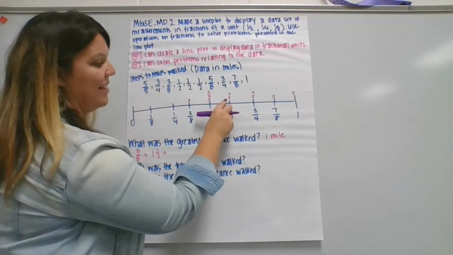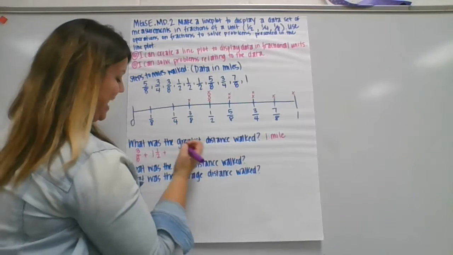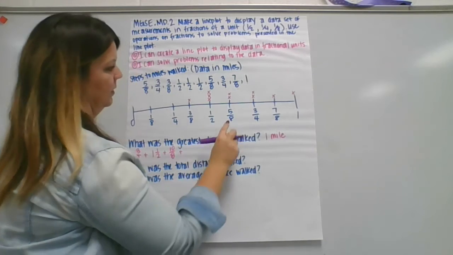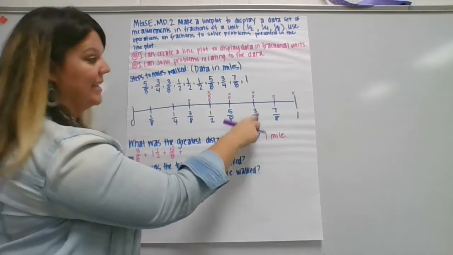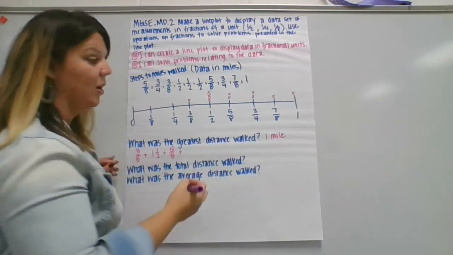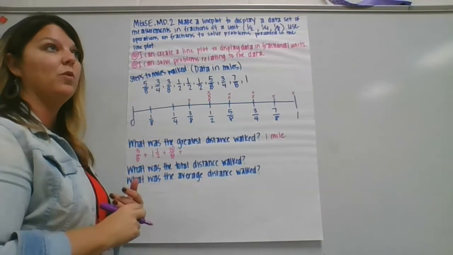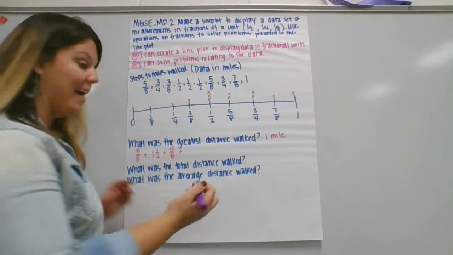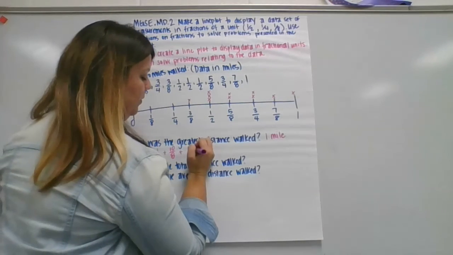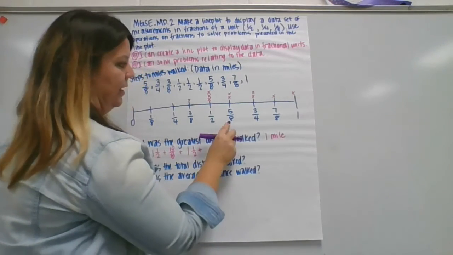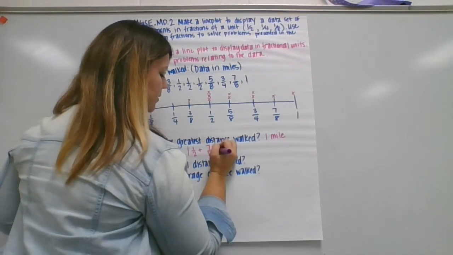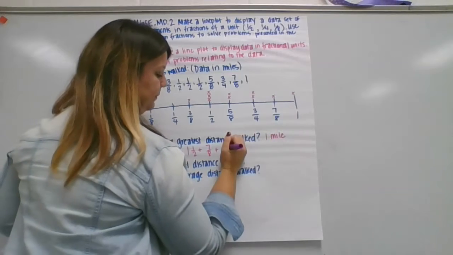I have 5/8 twice, so that would be 10/8. I have 3/4 twice, so that's 6/4, or again, 6/4 is equal to 1 2/4, or 1 1/2. And 7/8. And finally 1.